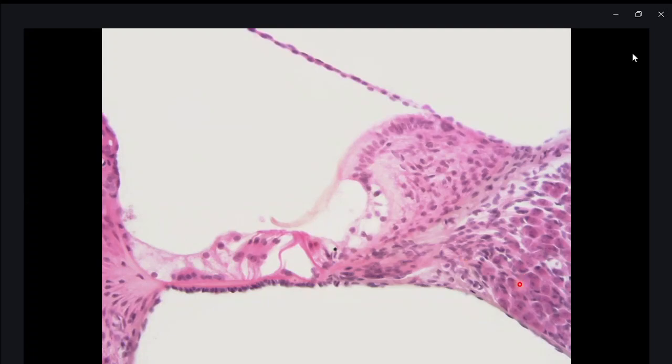The outer hair cells modulate the inner hair cells. So the outer hair cells are not directly responsible for the transduction of the mechanical waves to produce sound. They modulate the inner hair cells.